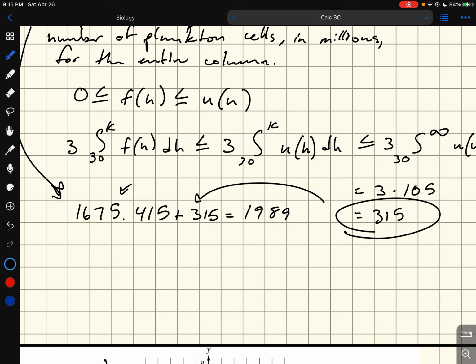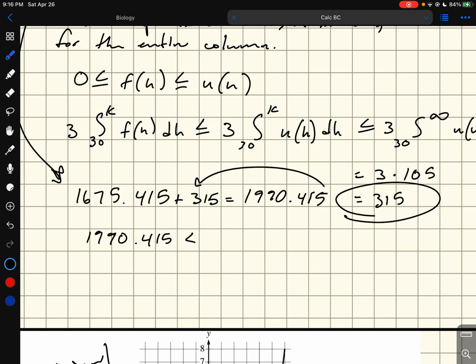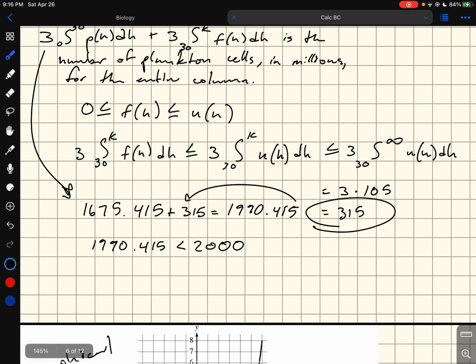Wait, this is a 5. I'm not doing my math right. 1990.415. Goodness. And 1990.415 is less than 2,000 million.